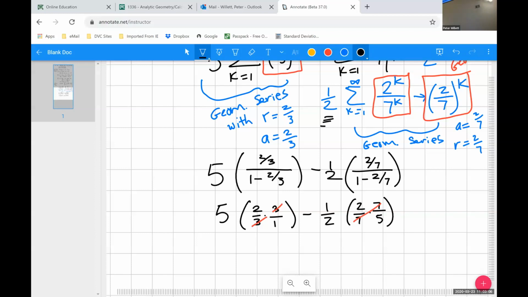So this gives me 5 times 2, minus 1/2 times 2/5, which is 10 minus, and again, those cancel, 1/5. So that's, I'll just say 9 4/5.